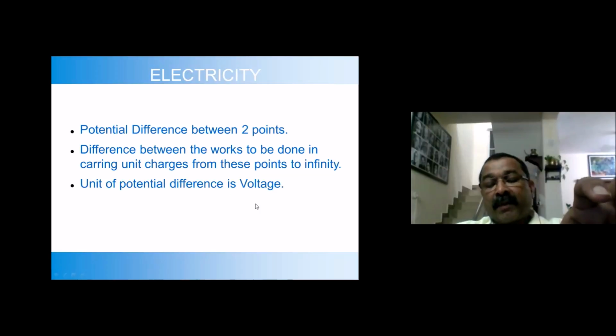If you have a higher potential point, it means there are more charges there, so we will say it is at a higher voltage. That is the point you have to keep in mind. A higher voltage point means that the charge intensity at that point is at a higher level.